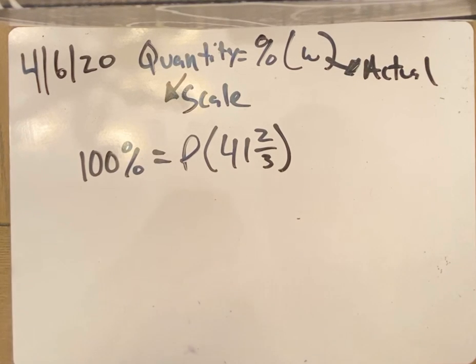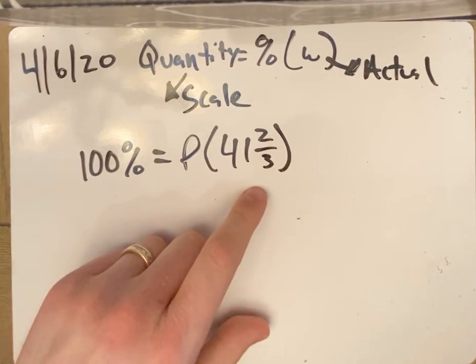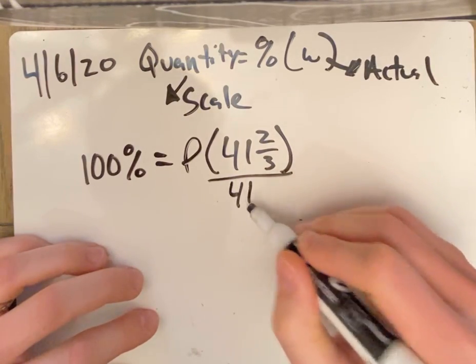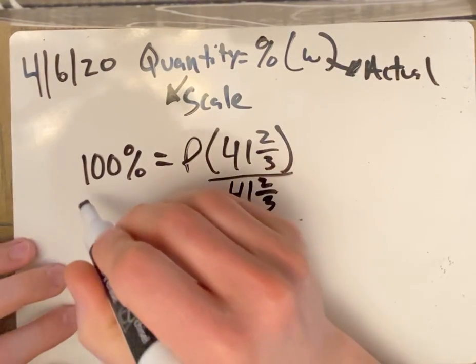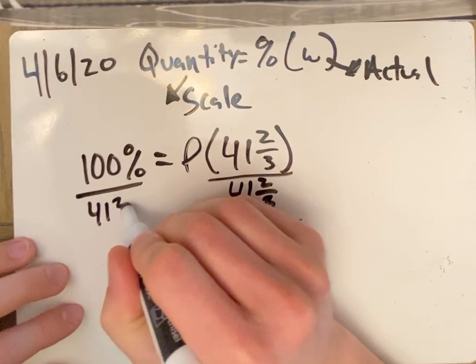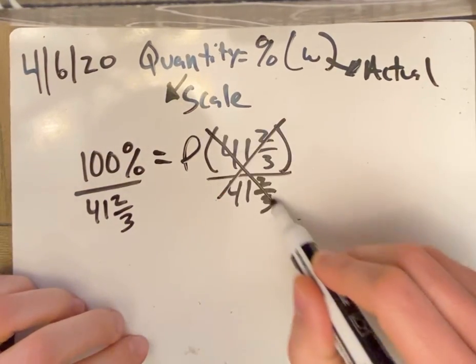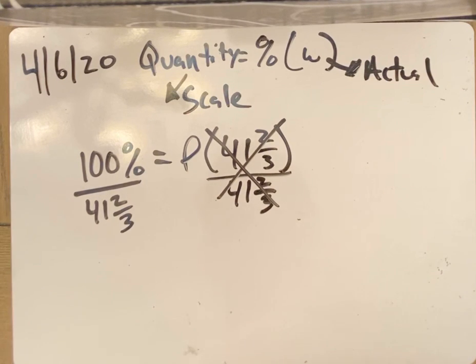Since they're multiplying, I'm going to be dividing by it, 41 2/3. This cancels out. Now I'm left with 100% over 41 2/3%.